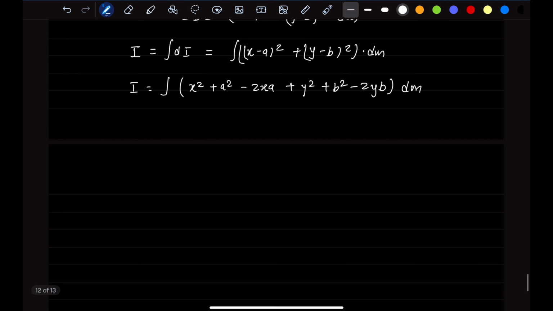So let's simplify it. I is the integration of, let's separate x square plus y square, so x square plus y square dm. Now let's separate a square plus b square, so that is the integration of a square plus b square dm.